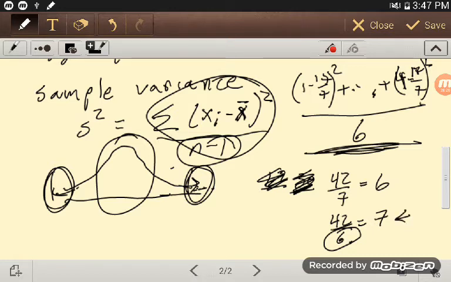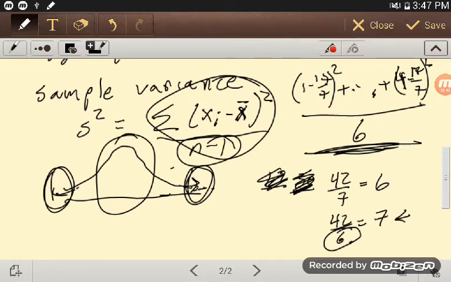And so by using the n minus 1 in the sample variance, we're causing our estimate to be a little bigger than it would be if we used n. And statistically, lots of mathematicians over the years have looked at it, and that is the best way to go. It's best to use n minus 1.